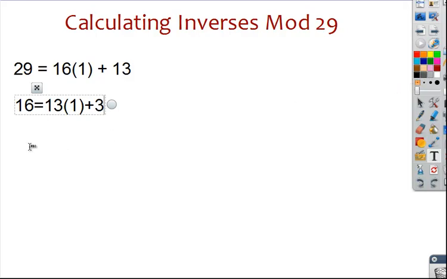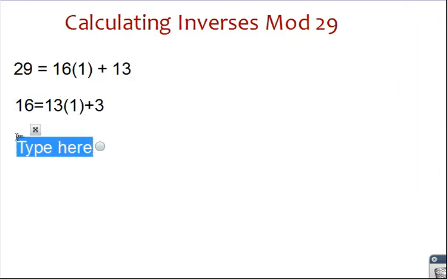And we continue with Euclid's division algorithm until we get down to 1. 13 is 3 times 4 plus 1. And now we know that 1 is the greatest common divisor of 16 and 29.